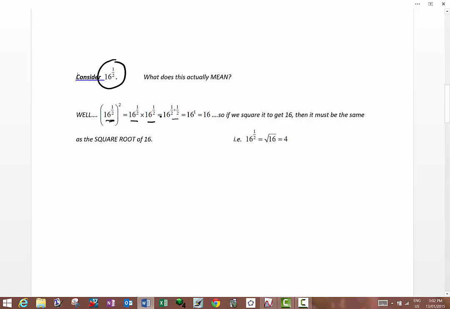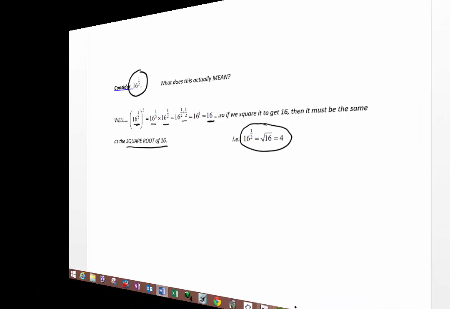So we've got 16 to the half plus a half, which is just 1. So 16 to the power 1 is 16. In other words, 16 to the half squared is equal to 16. Something squared is 16, so the thing that we had must be the square root of 16. So 16 to the half must be the same as the square root of 16.